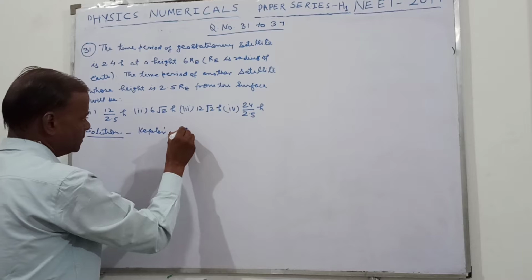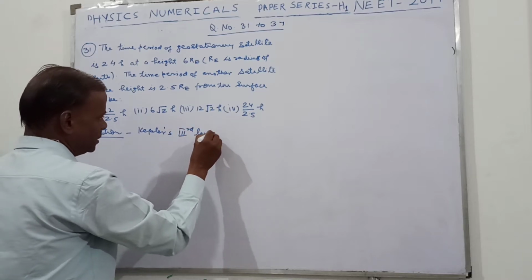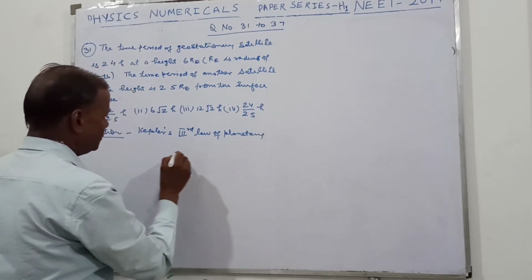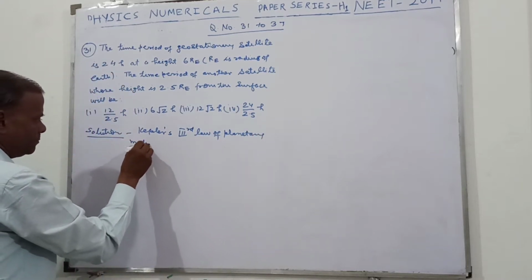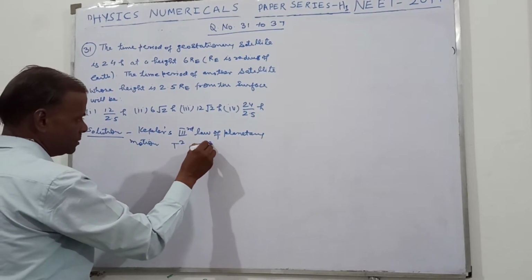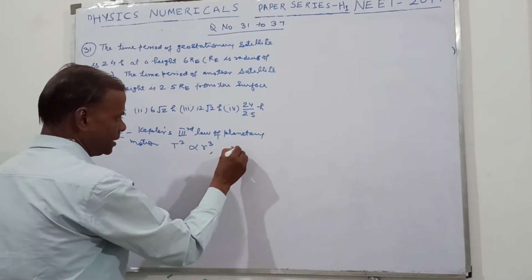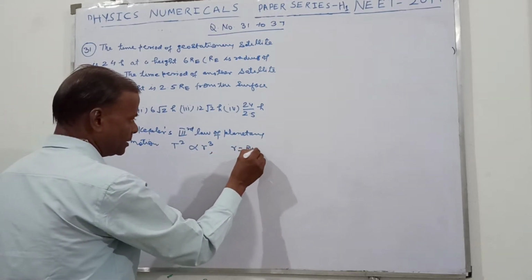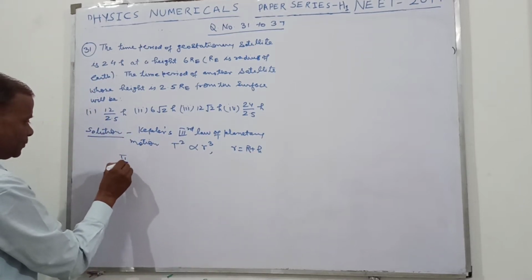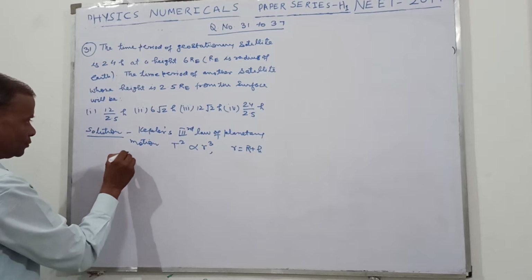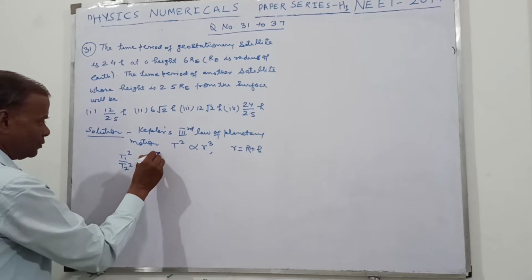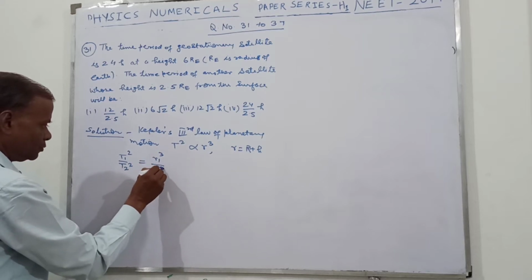Kepler's third law of planetary motion: T square proportional to R cube, where R equals R plus H. So now you apply this: T1 upon T2 whole square is equal to R1 cube upon R2 cube.